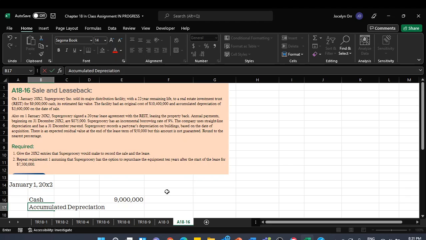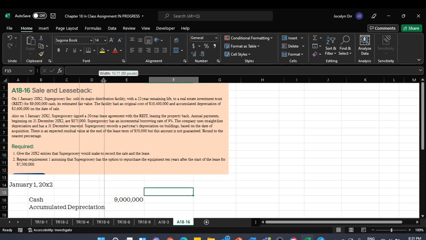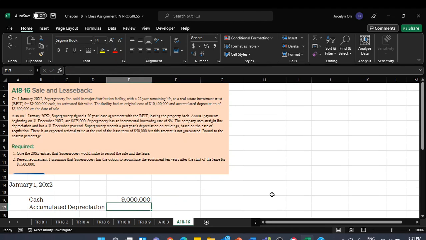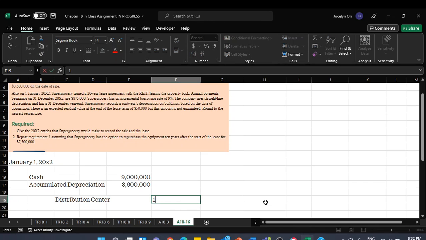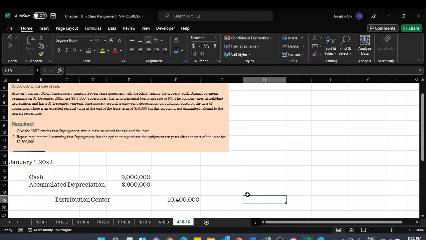So accumulated depreciation is going to have a credit balance, which means to get rid of it, we are going to give it a debit. And in this case, it is for $3.6 million, again, given to us in the question. And we know that we're going to have a credit for the asset itself, which is the distribution center at its original cost, which was $10,400,000. Okay, so that records the sale.